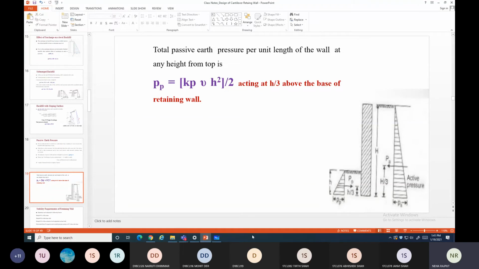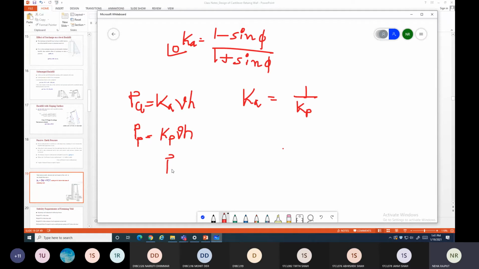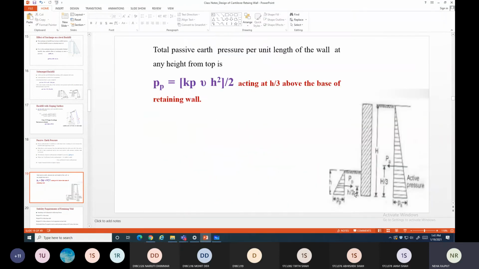So this is my passive pressure, and it is a triangle, so the equation will be 1/2 Kp gamma H square, at a distance of h by 3 from the base of the stem part.